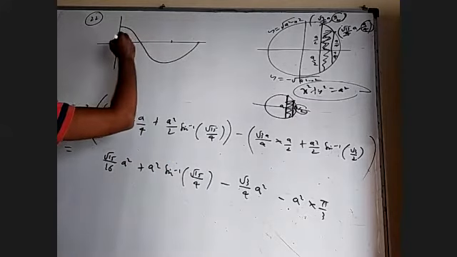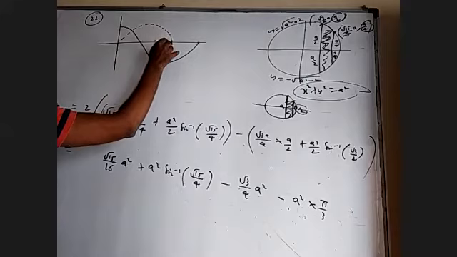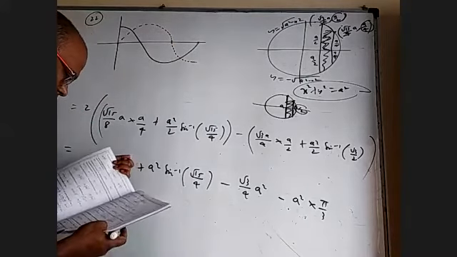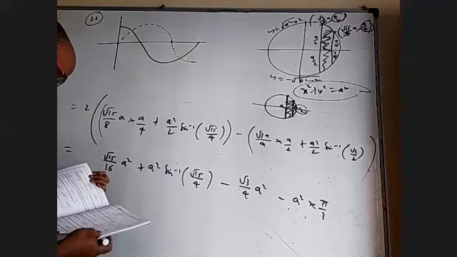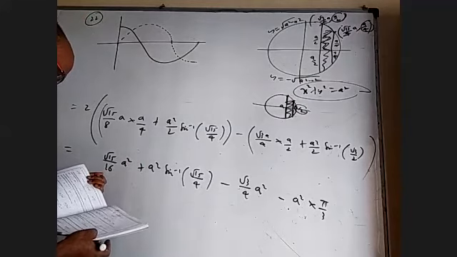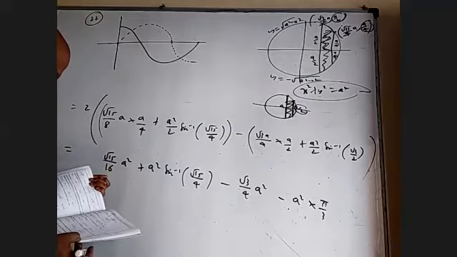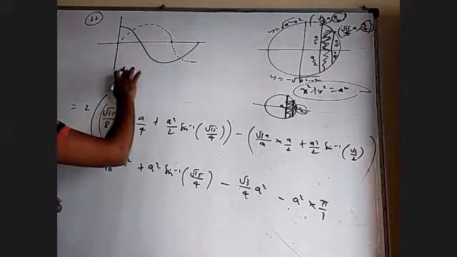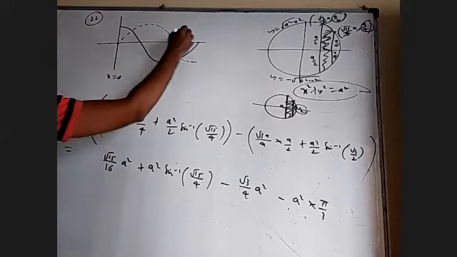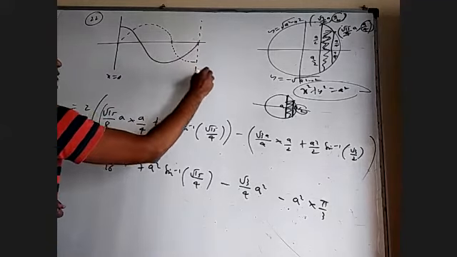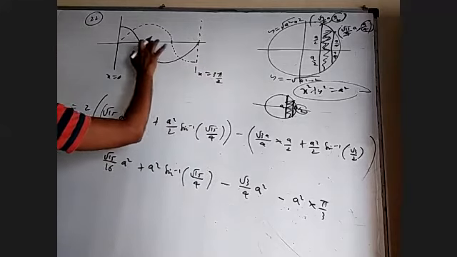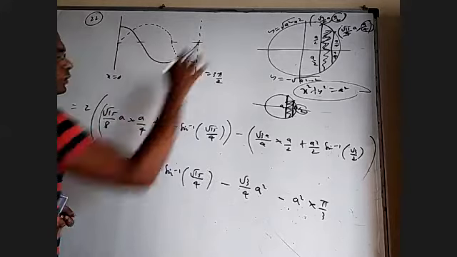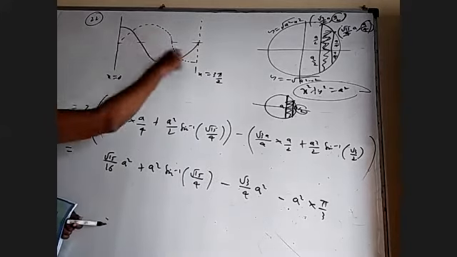Sin x graph is like this. They want, and between the ordinates x equal to 0 and x equal to 3 pi by 2. Okay, so don't worry about the x-axis so much. This is x equal to 0 and this is x equal to 3 pi by 2. Forget about the x-axis. Okay, so this is cos x, this is sin x.